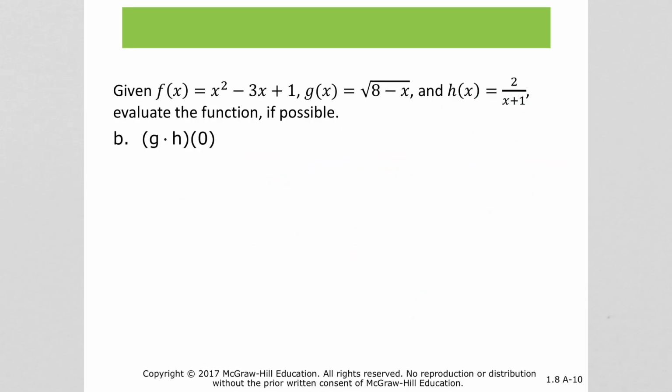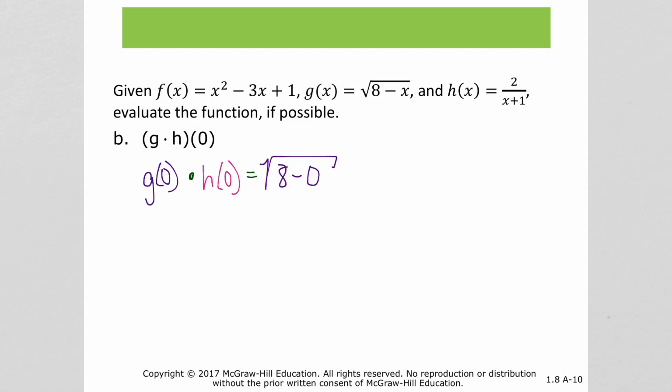Okay, this one is g times h of 0. So we've got g of 0 times h of 0. Okay, so g of 0 is the square root of 8 minus 0.